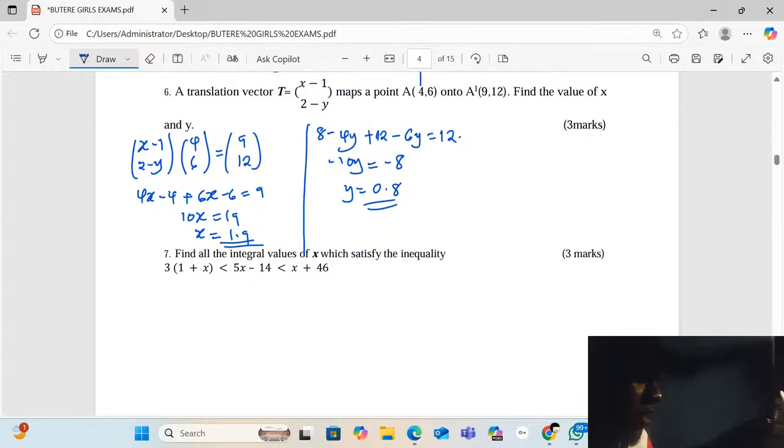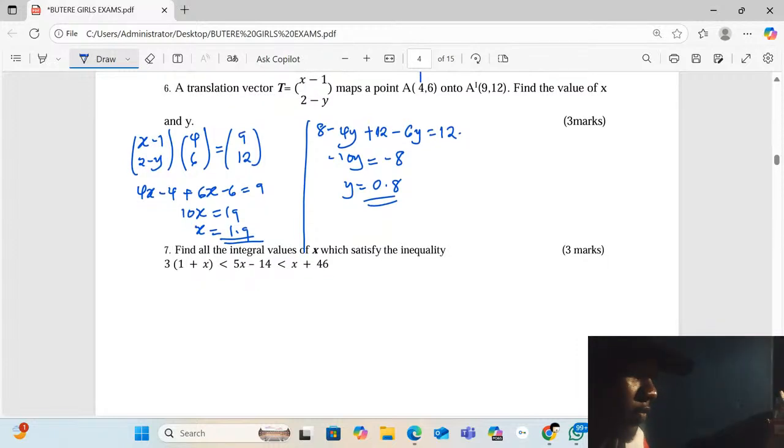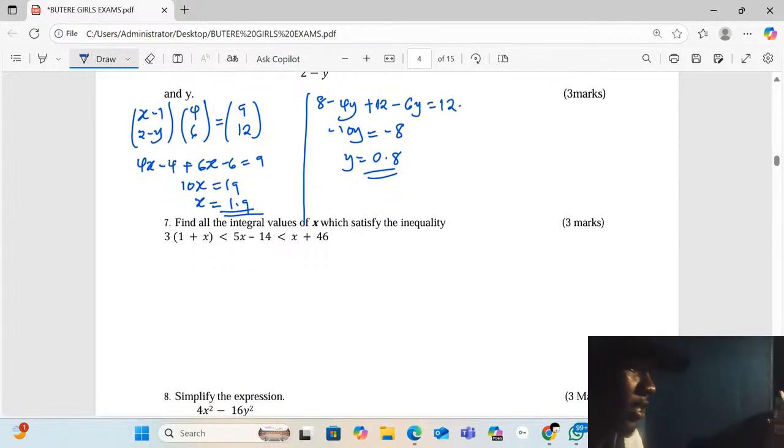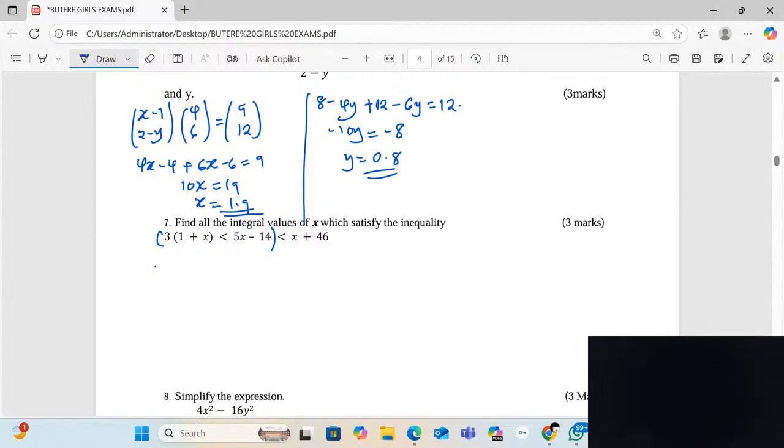Then 7, find all integral values of x which satisfy the inequality. So we separate it into 2. We start with 3 into 1 plus x, which is less than 5x minus 14. So we open up.